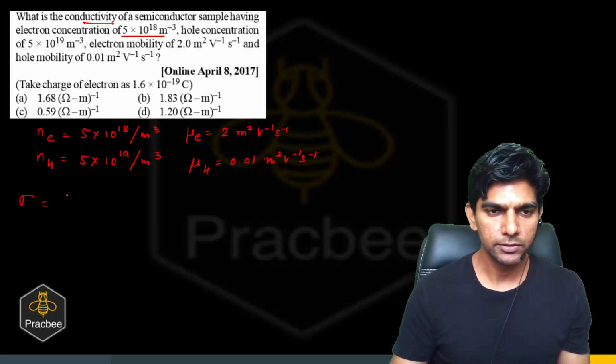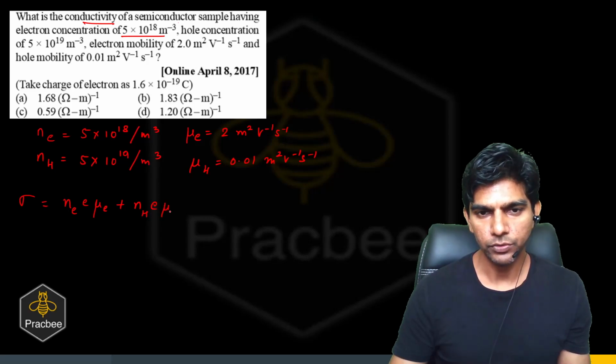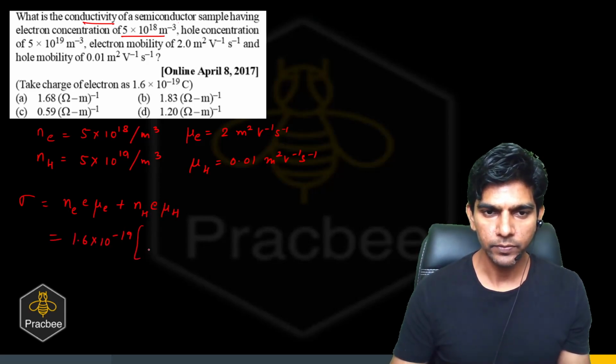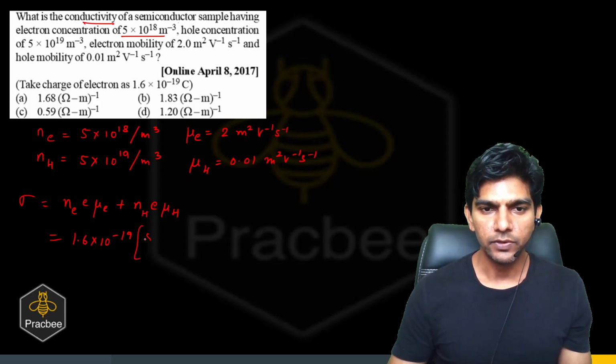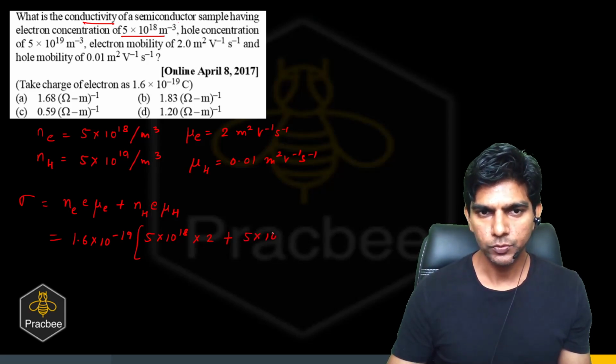So sigma is n_e e mu_e plus n_h e mu_h. So let us put the values. 1.6 into 10 raised to power minus 19, e will be common. So n_e is given as 5 into 10 raised to power 18 times 2 plus 5 into 10 raised to power 19 times 0.01.